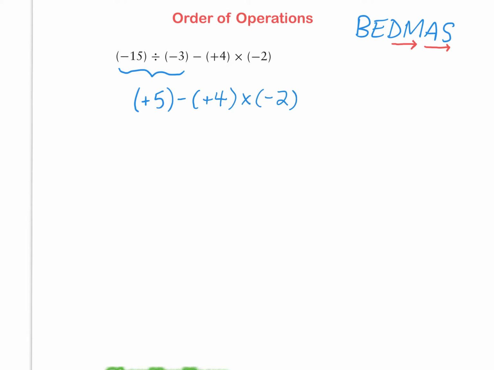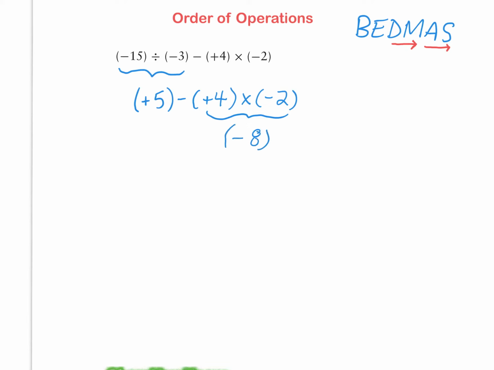All right. Next step. I have a subtraction and a multiplication. BEDMAS tells us we have to do the multiplication before these two. So I'm going to deal with positive 4 times negative 2. Again, I'm just going to deal with two integers at a time. We know that a positive times a negative is negative, so this will equal negative 8.